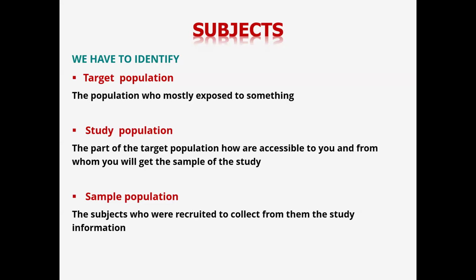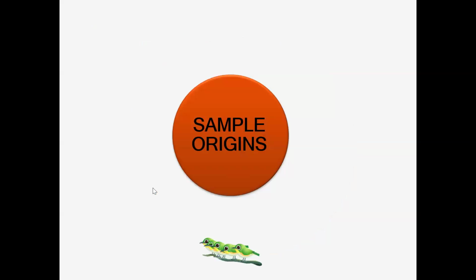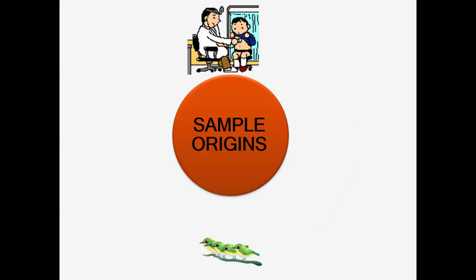It could be 1,000 students. So I will select them, which could be 100 students from all these 1,000 students, and this could be my sample population. So the target population are the whole population who are involved in something or in a certain environment, and then the study population are some of them, and then my sample will be taken from the study population. So this is the sample origin.